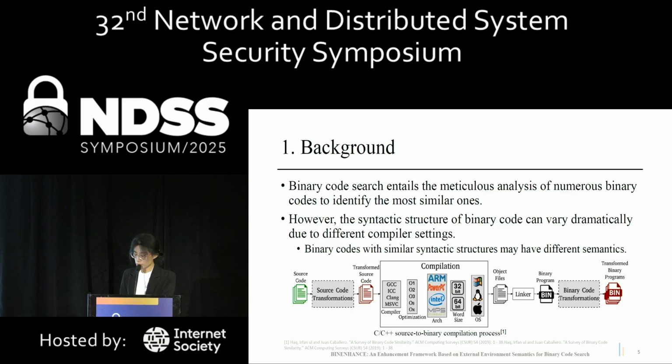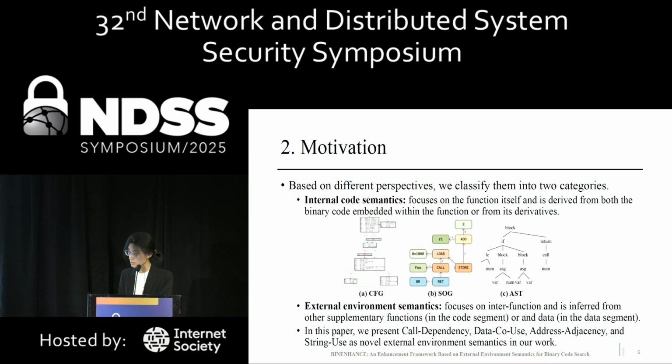Binary code search entails the meticulous analysis of numerous binary codes to identify the most similar ones. However, as in the following figure, the syntactic structure of binary code can vary dramatically due to different compiler settings.